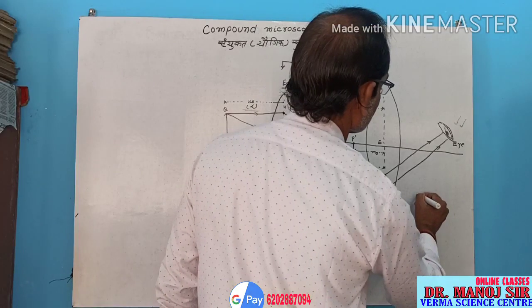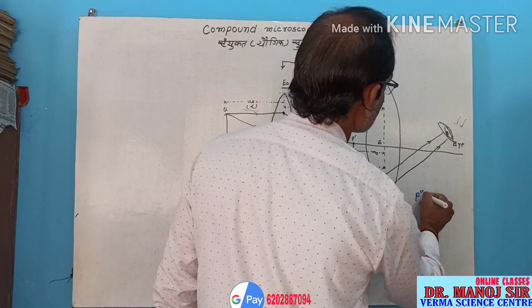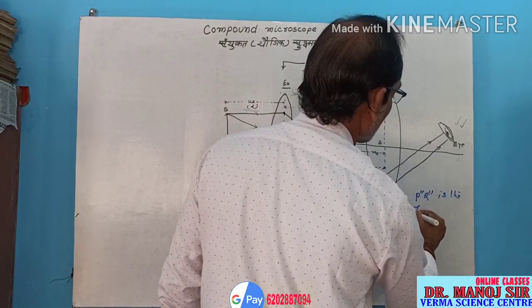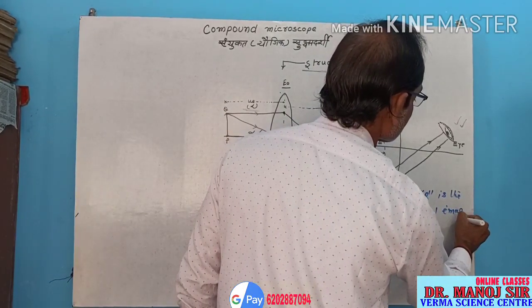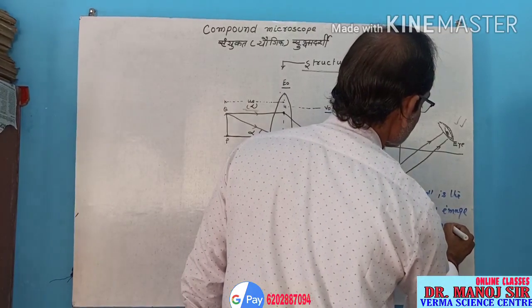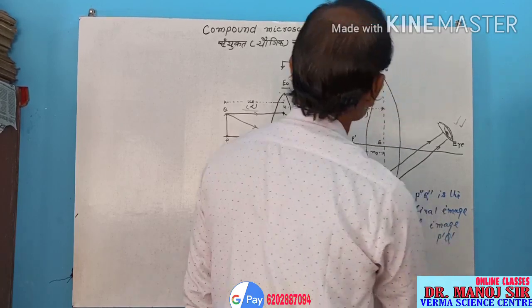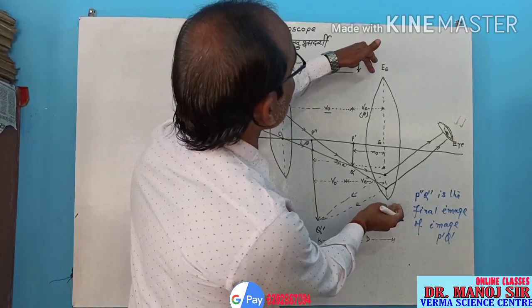And so therefore we can write P double dash Q double dash is the final image of image P dash Q dash by the magnification power of the eyepiece.